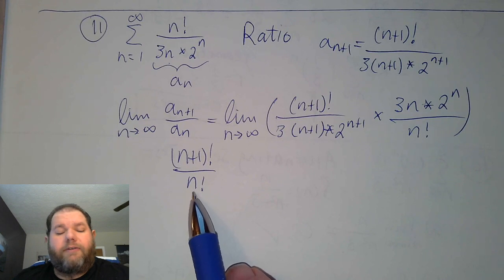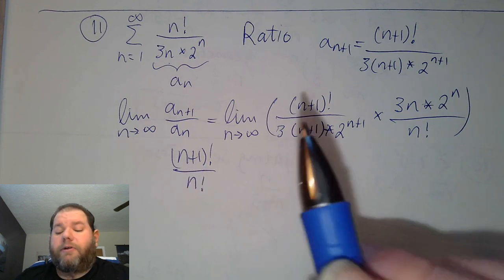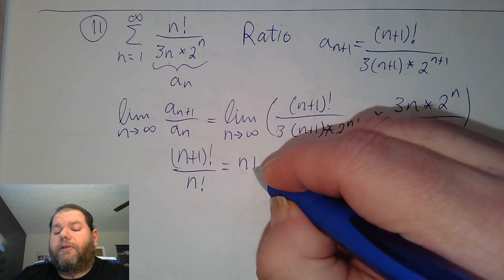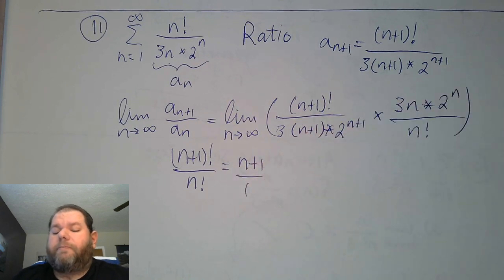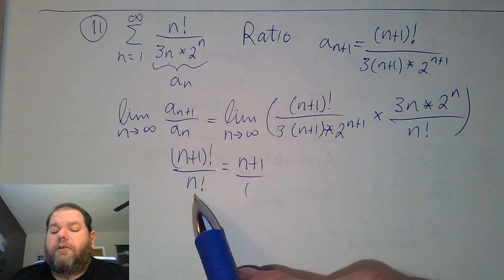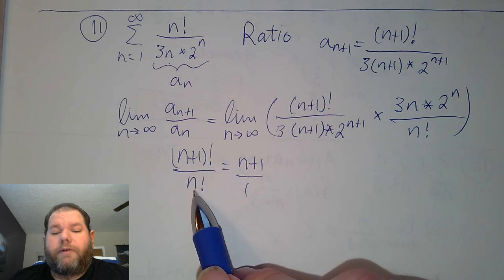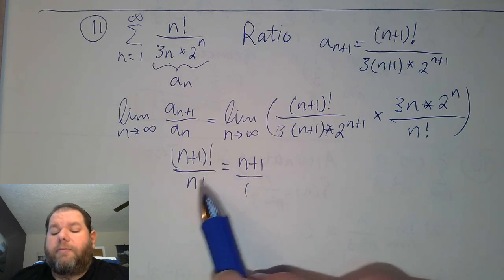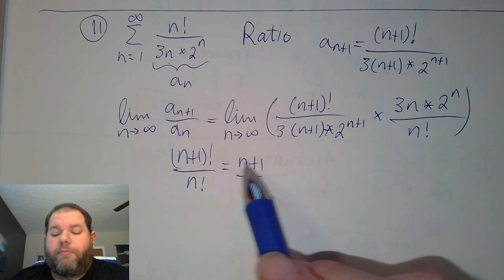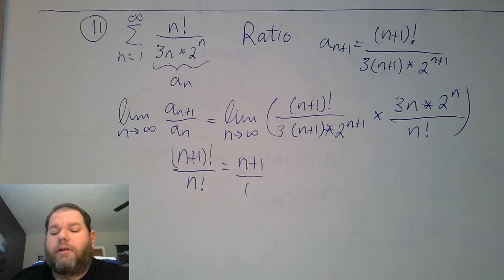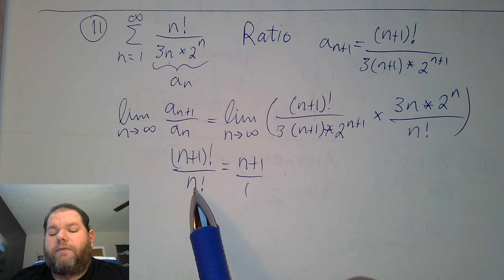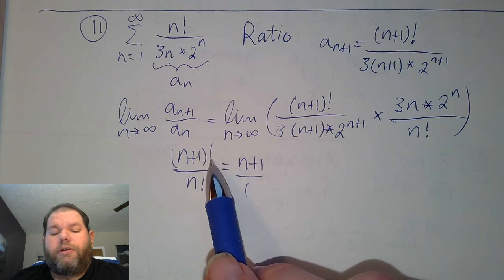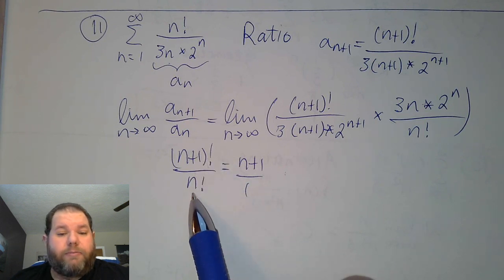Well, the next term after n is n plus 1, so this can be n plus 1 over 1. So if this was n plus 2 over n factorial, then after n it would be n plus 1 times n plus 2, and we put both of those on top over 1. So it's just a matter of how much one expression exceeds the other one by.